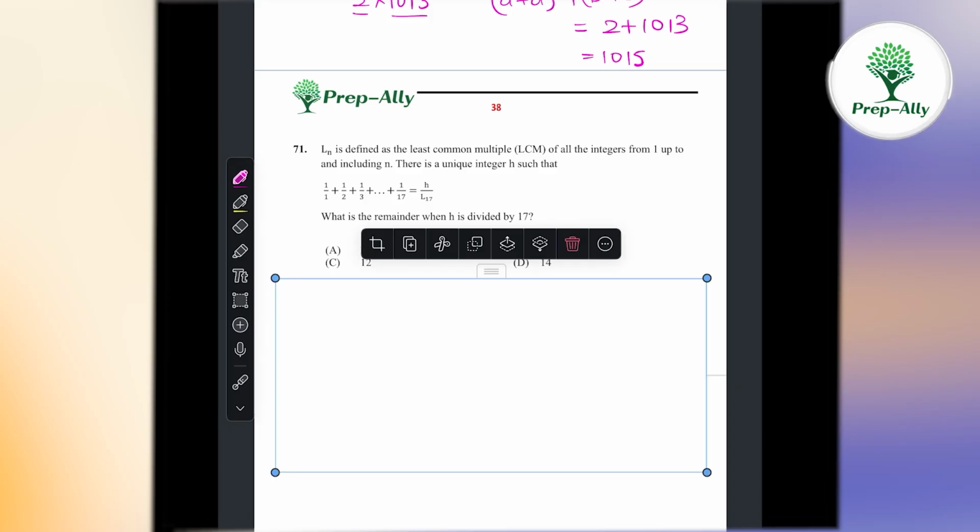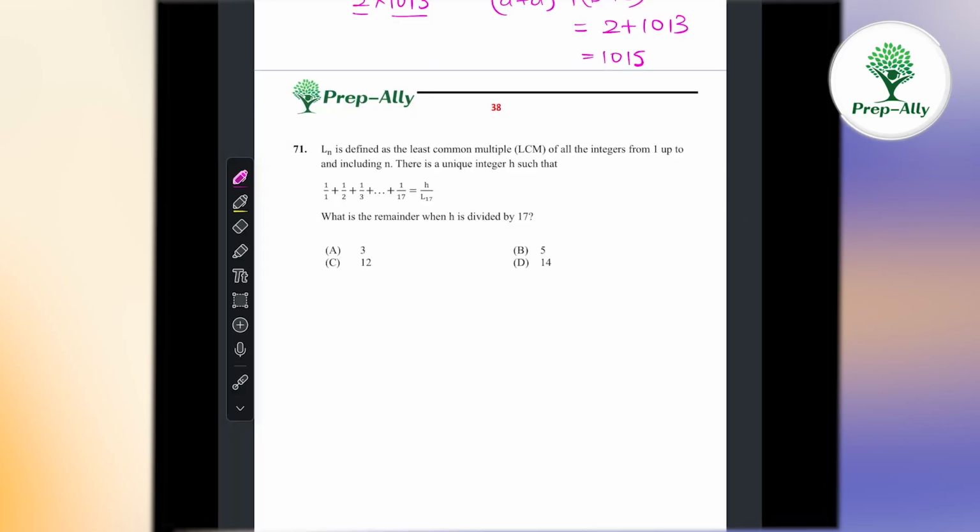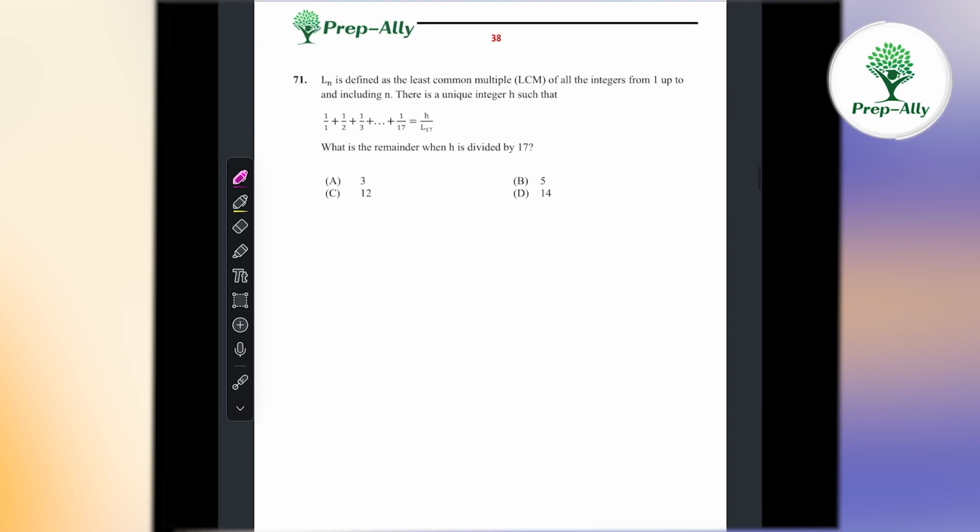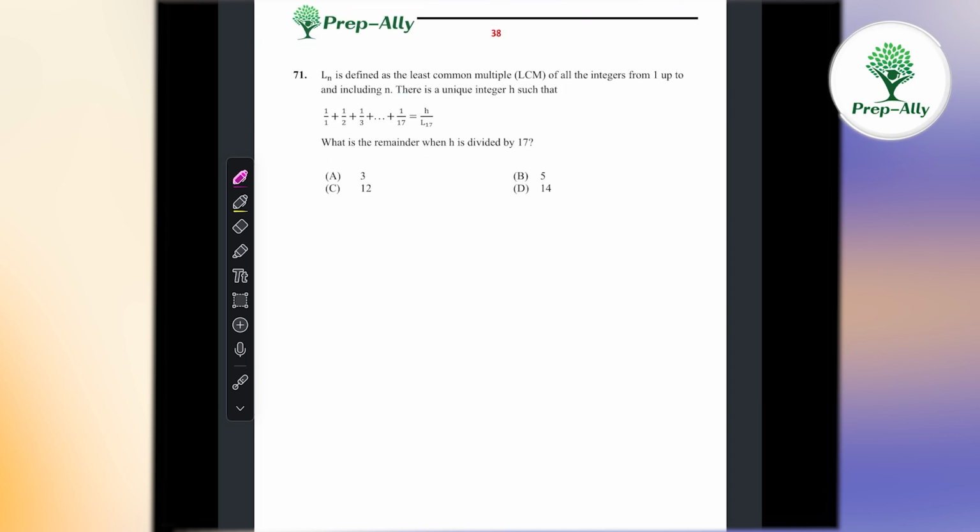In question 11, we have Ln is defined as the least common multiple of all integers from 1 up to and including n.